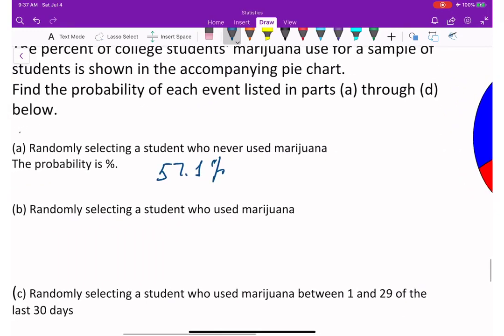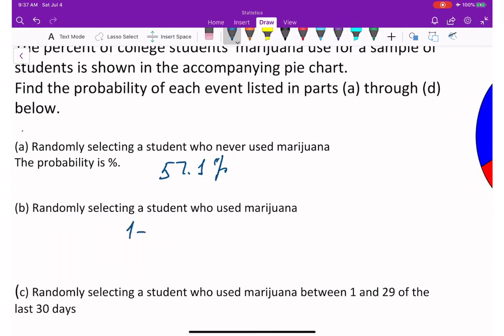Therefore, I'm going to do 1 minus 57.1, and I will get the percentage of people who used it. Let me see, 42.9.